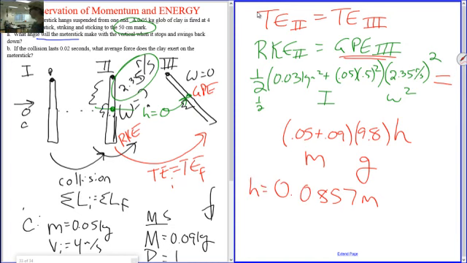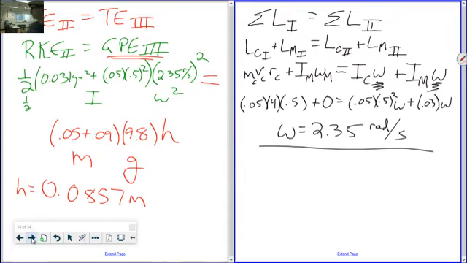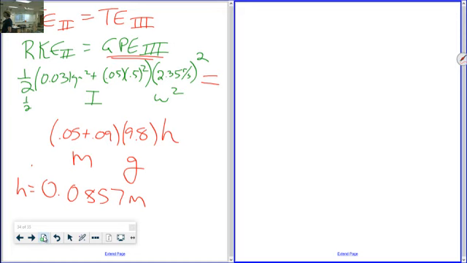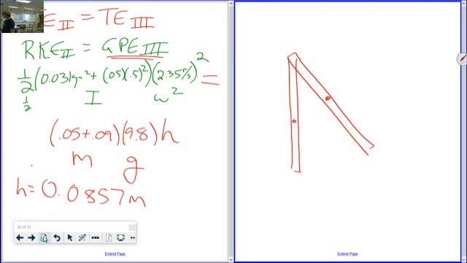So what that means is, when it's done swinging, here's what we've got. I know that this distance is 0.5 meters. I know that this distance is 0.5 meters.